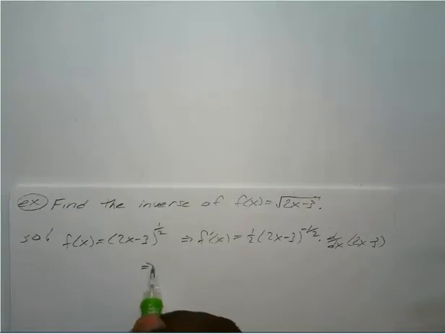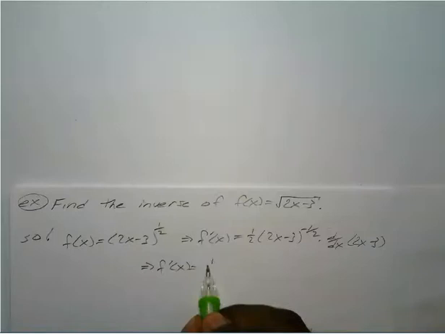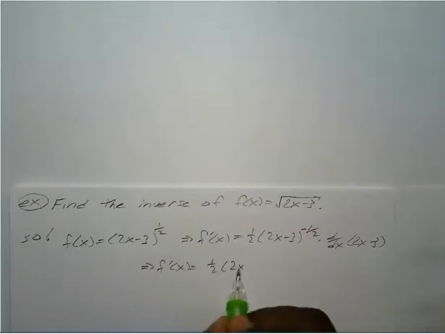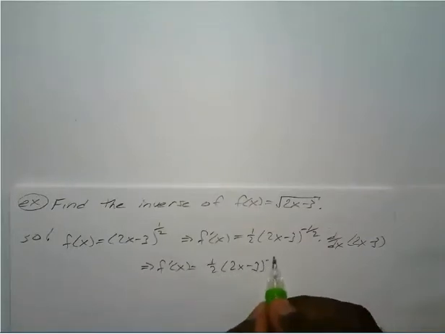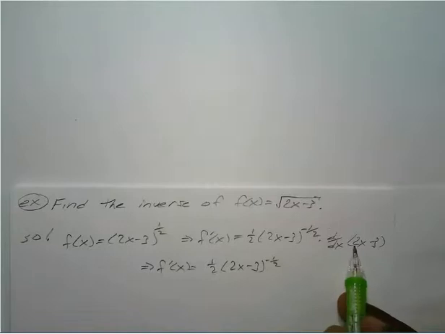So that means our derivative is equal to 1/2 times (2x minus 3) to the negative 1/2 power. The derivative of 2x minus 3 is just 2.